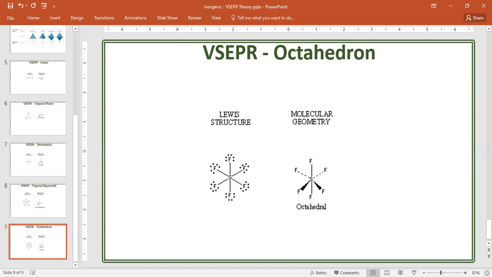To imagine the geometry of an SF6 molecule, look at fluorine atoms on opposite sides of the sulfur atom along the X axis, Y axis, and Z axis of an XYZ coordinate system. So in this way, you can understand this octahedral.